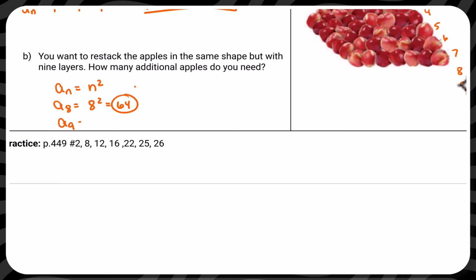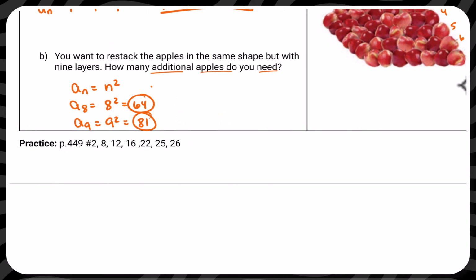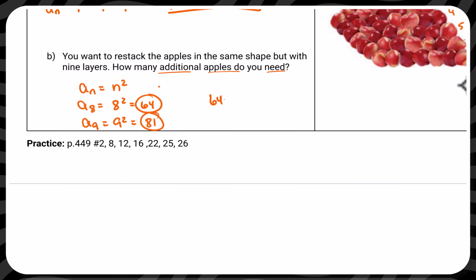But then the 9th layer is going to need 81 apples. That's a lot of apples. So for me to get a total of 9 layers using the same pattern, I would just need to add up 64 and 81, which gives me a total of 145 additional apples.